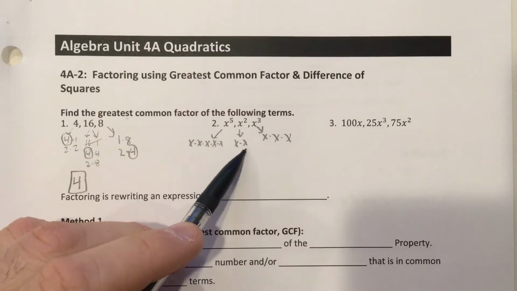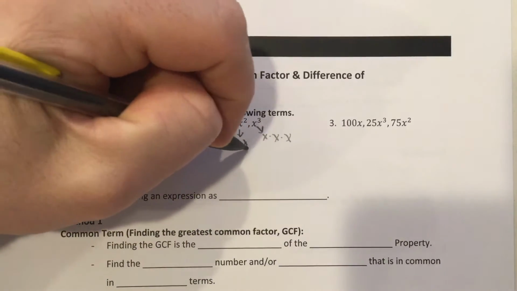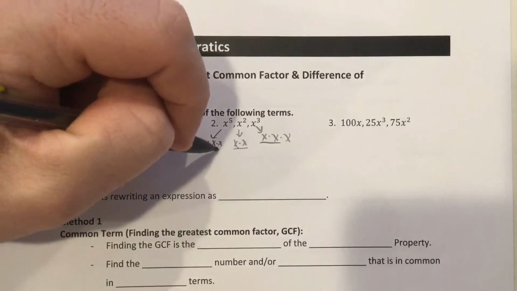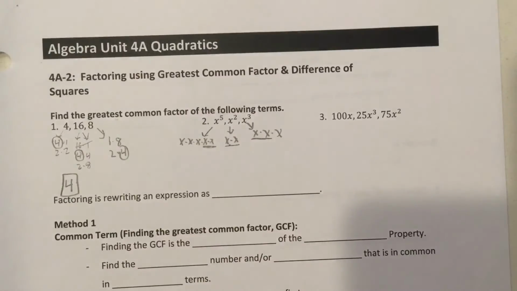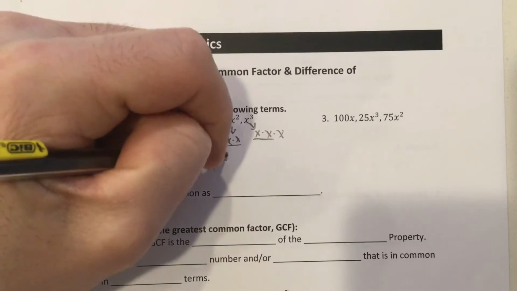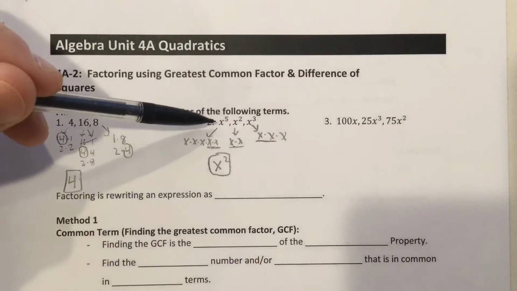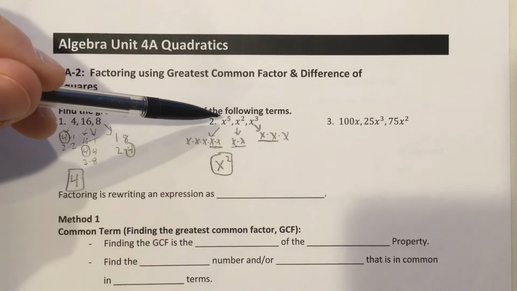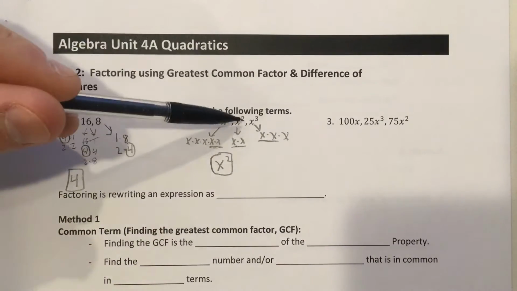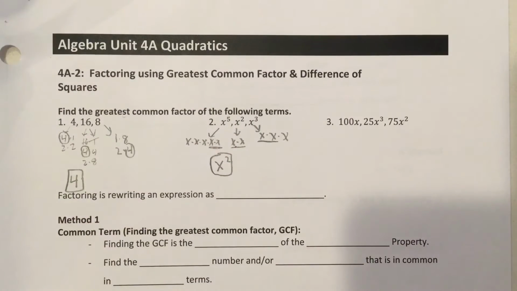This has x times itself 2 times, this has x times itself 3 times, so it has at least 2 of them, and this has at least x times itself 2 times as well. So here the common factor would be x squared. When you're talking about variables with exponents on them, you're just ultimately looking at the smallest exponent. The smallest exponent is 2, so x squared would be our greatest common factor.